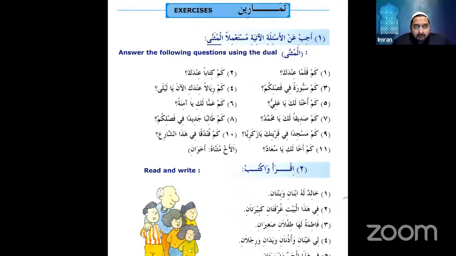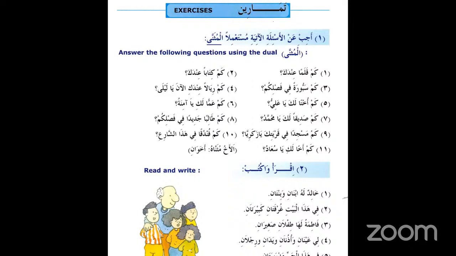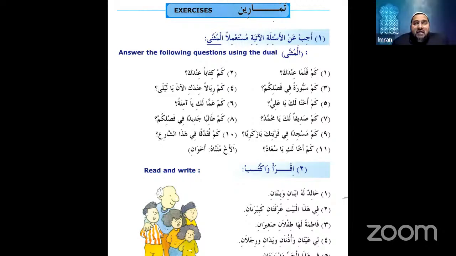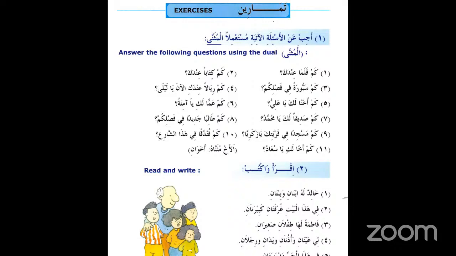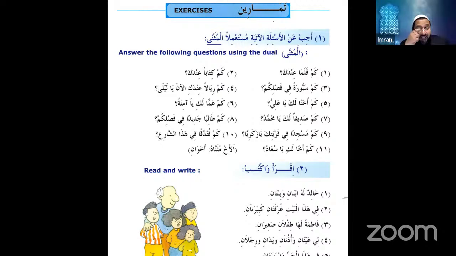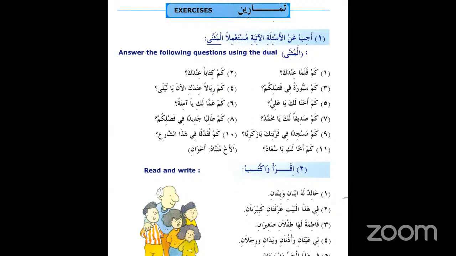In our class, there are 2 new students. كم مسجدًا في قريتك يا زكريا؟ How many mosques are there in your village? Qaryatun is village. في قريتي مسجدان. Correct. In my village, there are 2 masjids.